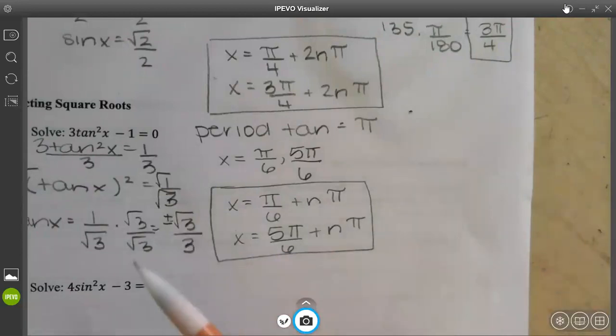All right. So instead of using the unit circle, I did that twice, right? Is everybody good with that? You don't have to use the unit circle.